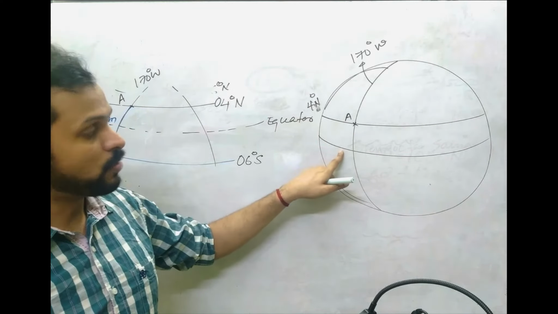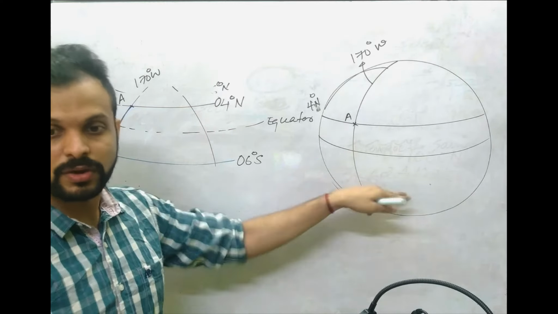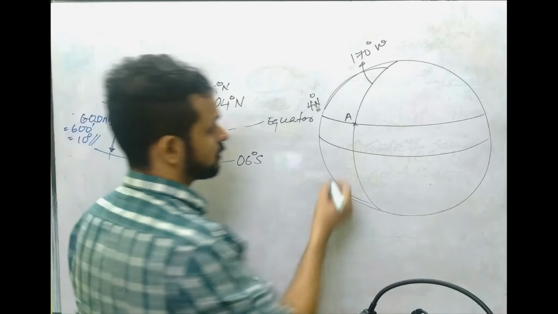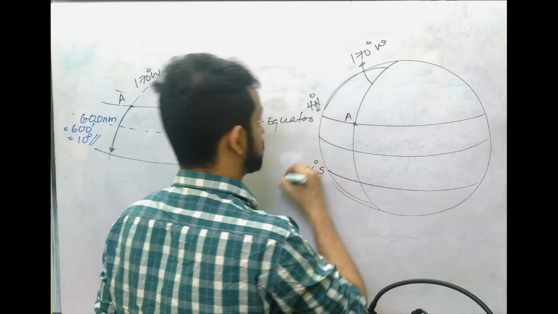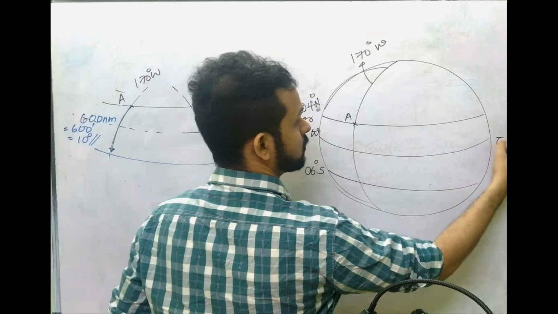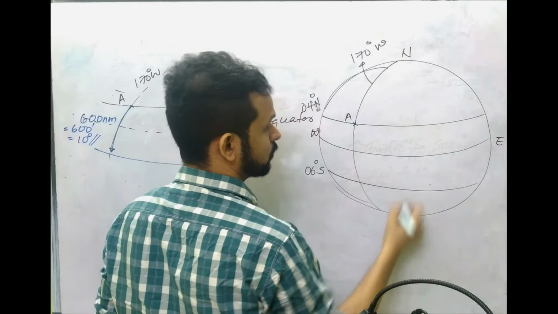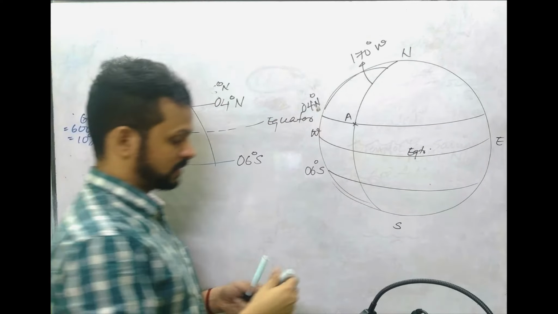When I travel 4 degrees itself, I'm reaching the equator, another 6 degrees to the south, and that is why you end up reaching 6 degrees south. So it's here, 6 degrees south. This is west, east, north, south, and this is the equator. Perfect.